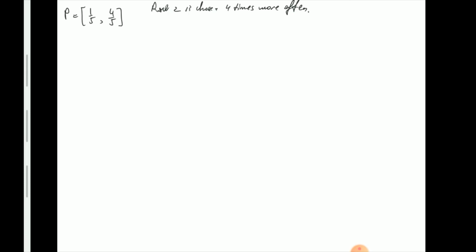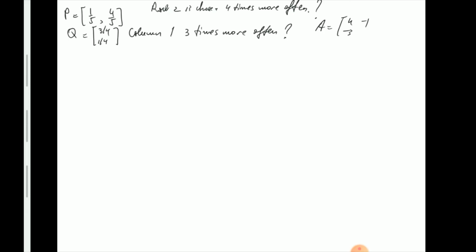And what if player 2 chooses column 1 3 times more often? Okay, what happens in that case? Again, for the same payoff matrix, which was 4, minus 1, minus 3 and 6. In the previous strategy, remember, that was favoring player 1 because it was a positive payoff.